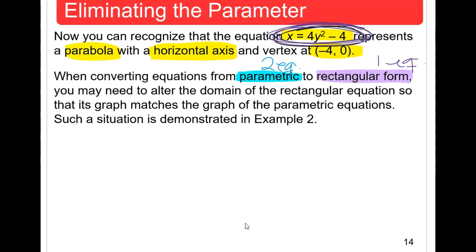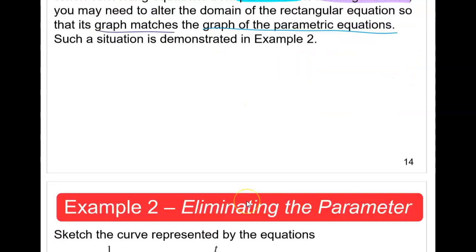So you may need to alter the domain of the rectangular equation so that the graph of that one matches the graph of the parametric equation as well. So we're going to show you that in example 2.